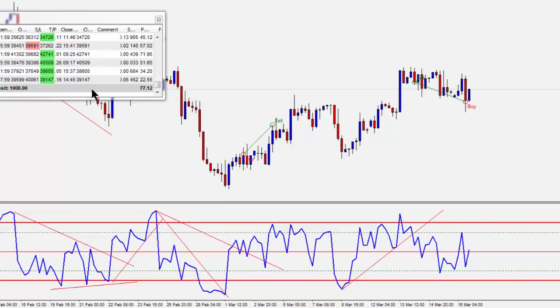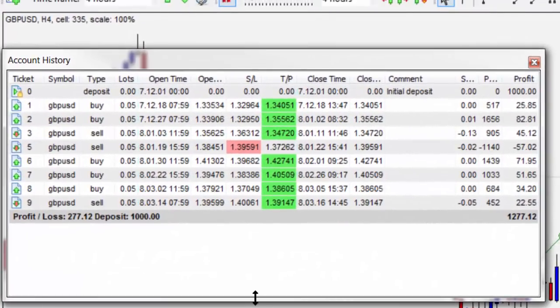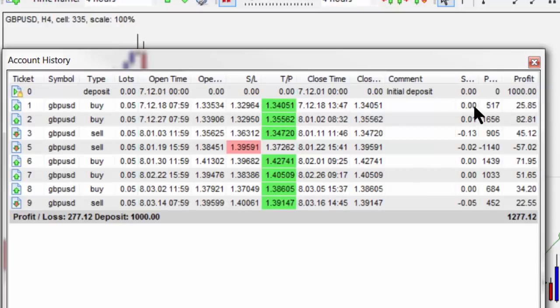So let's just have a look at the account at this point. I think you're starting to get an idea of what's going on. We've now had 1, 2, 3, 4, 5, 6, 7, 8 trades, made $270 profit, and I think you're starting to get an idea of how back trading works and how the RSI trend line system works.